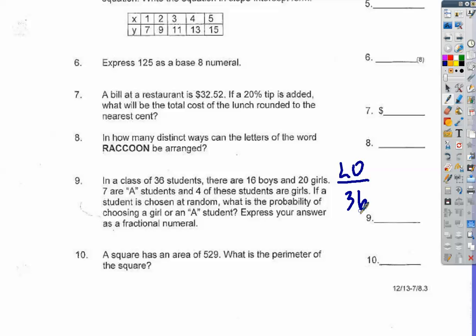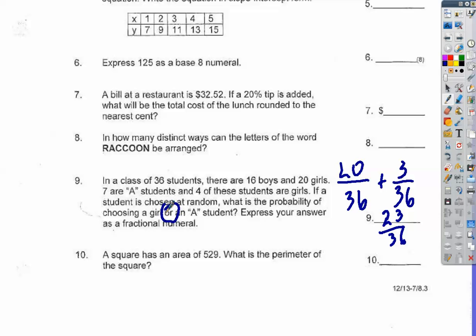Well, how many A students are there that are boys? Well, 7 are A students and 4 of those are girls. So how many boys are A students? That would be 3 are A students. So we're going to add the A students. It's 3 out of 36. So this is a grand total of 23 out of 36. Because you add those in this case. And the reason why you add these is because of this OR statement right here.